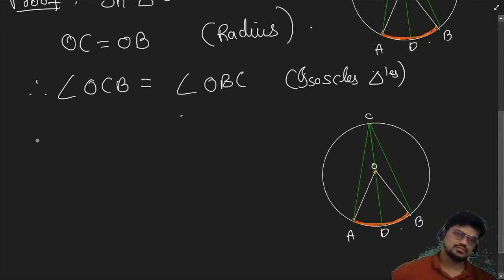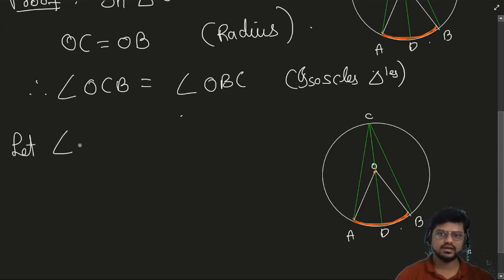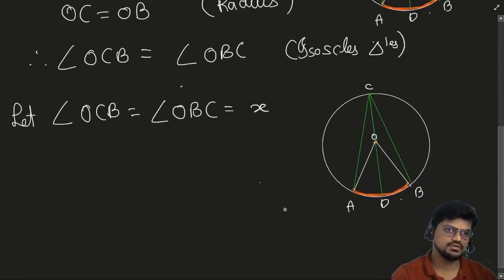Okay. So let angle OCB be equal to x. So what was given over here? I know that OCB is equal to OBC. I have considered both of them as x.